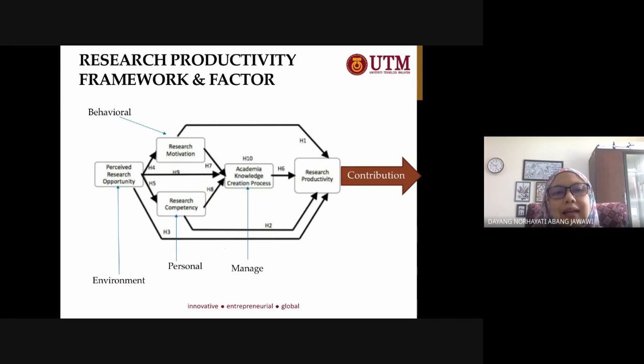Okay, so research opportunity is one of the environment. A research opportunity, whether in industry or in academia, contribution is an environment. Which one that you want to tackle? Okay. And then research motivation, the researcher motivation, the supervisor motivation is behavioral.